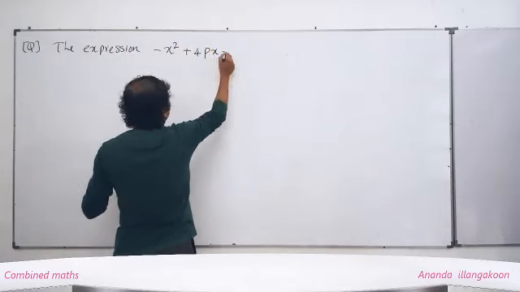For all real values of x, the expression minus x squared plus 4px minus 9 is negative for all real values of x. Then show that p is less than 3/2 and greater than minus 3/2. Right. This is the question, people.